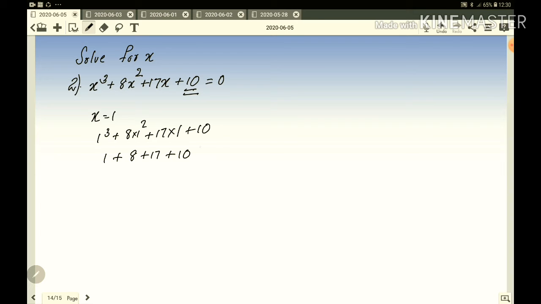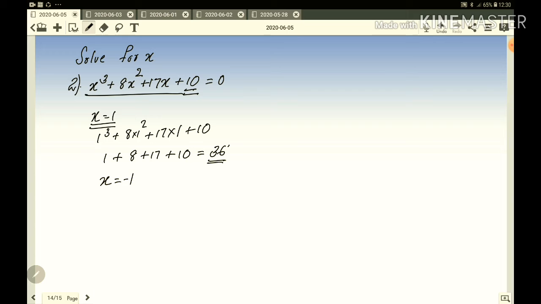When you add it, the answer is 36, which means it is not a solution. If it is a solution, you have to get a 0 here. So don't take the value of x as 1. Now I am looking at x equal to minus 1, because I didn't get 0 when I substituted x equal to 1 in the cubic equation.